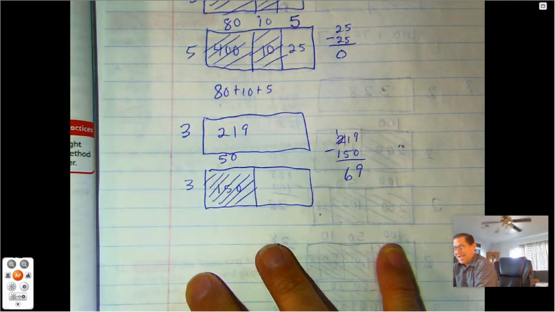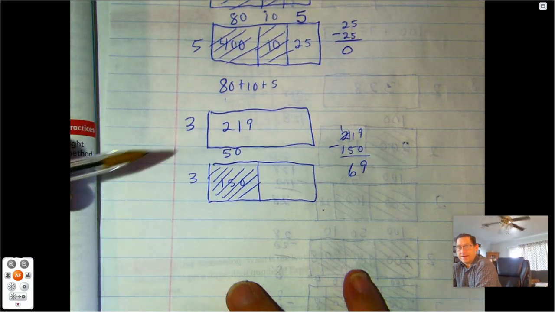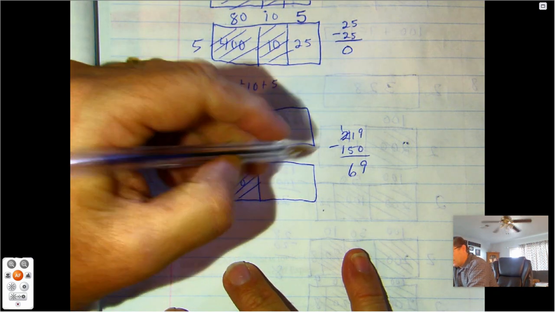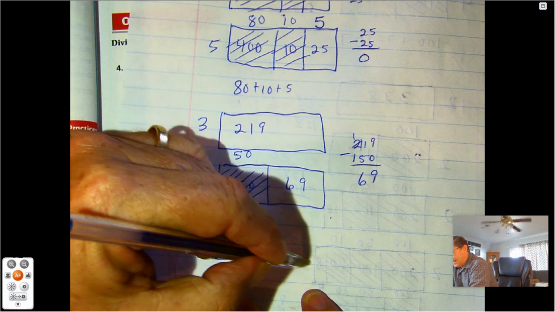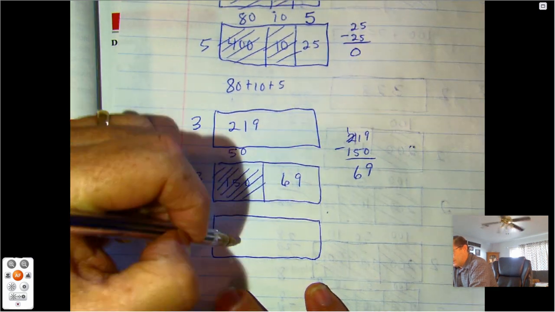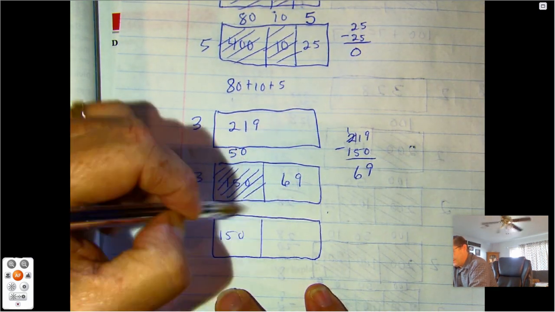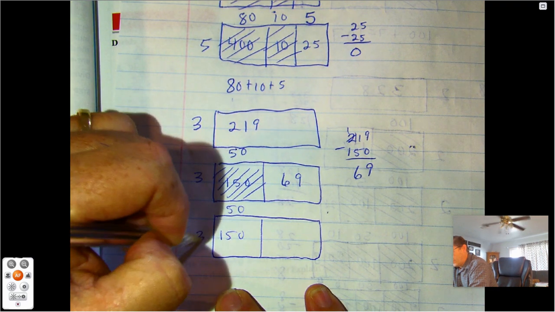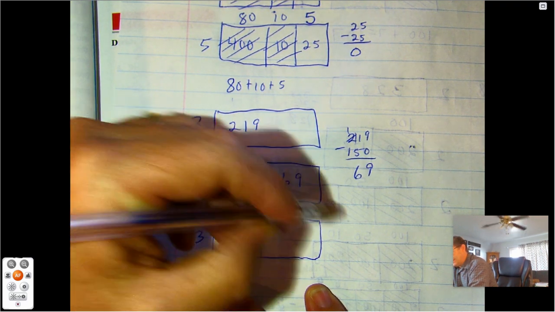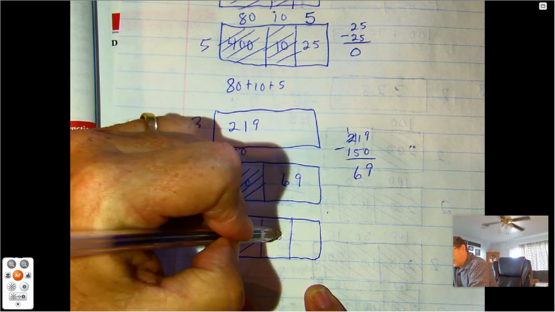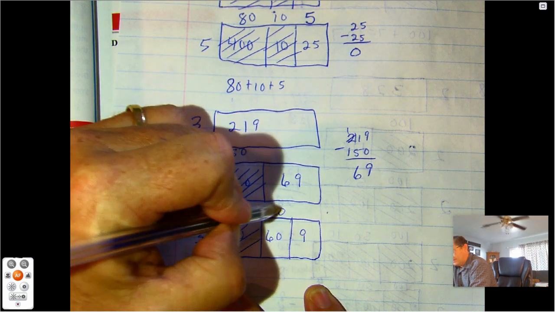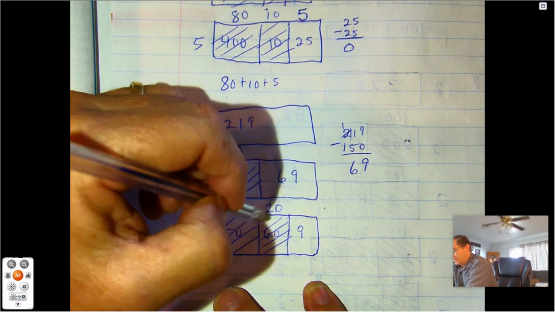Okay, now I'm going to break the 69. I'm going to take away 60 of it, because I know 3 times 20 is 60. So 69, take away 60, leaves me 9.